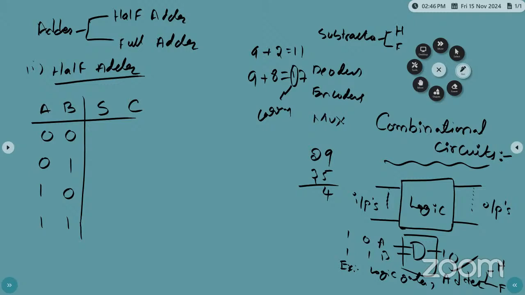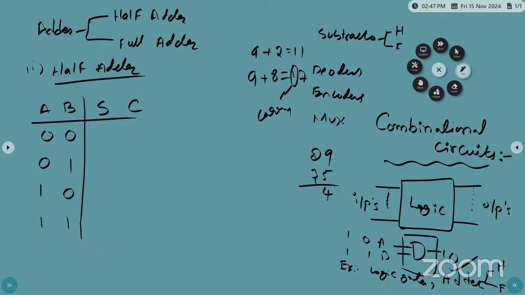Up to 9, we get a single digit sum. After 9, in the two digit number, the first digit is the sum value and the second digit is the carry value. So we get the carry after summing value 9. Now come to binary values. What is 9 here? 9 in decimal is the maximum symbol value in the decimal number system.